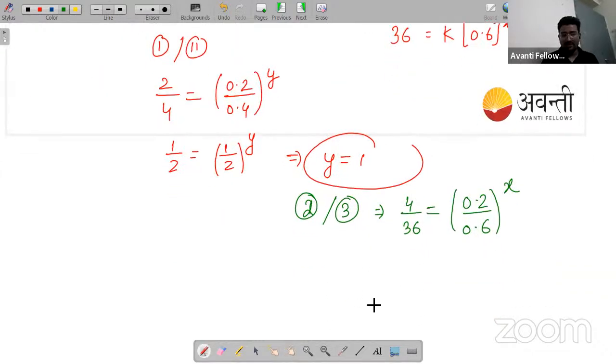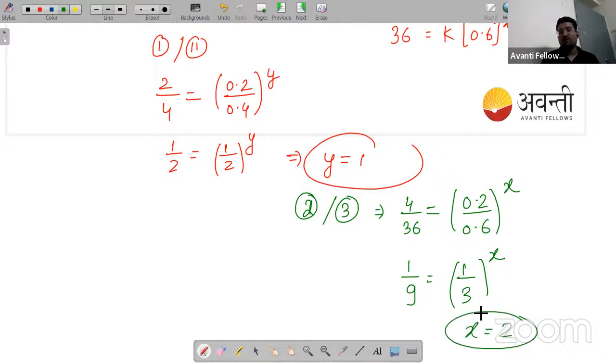Now again solving this equation, it is 1 by 9 equal to 1 by 3 to the power X. That is very clear, X equal to 2, because on squaring 1 by 3 we get 1 by 9. So we get X equal to 2 and Y equal to 1.